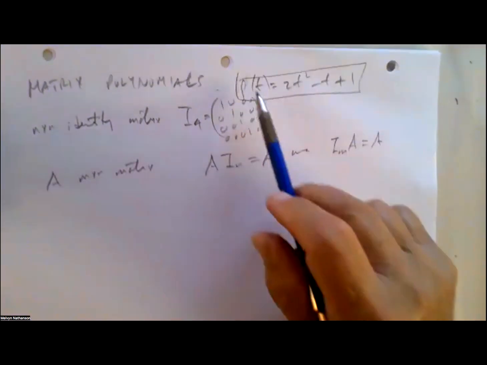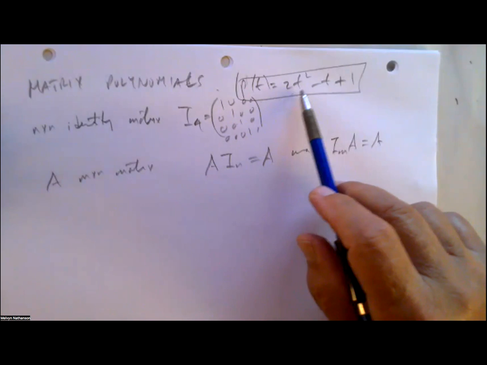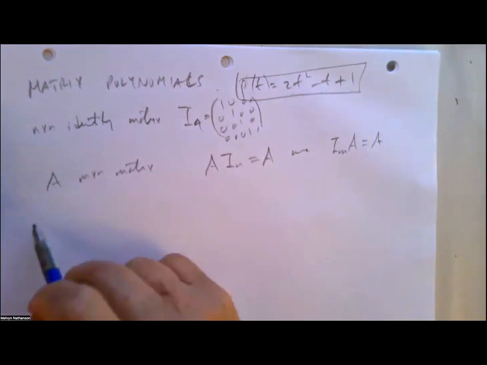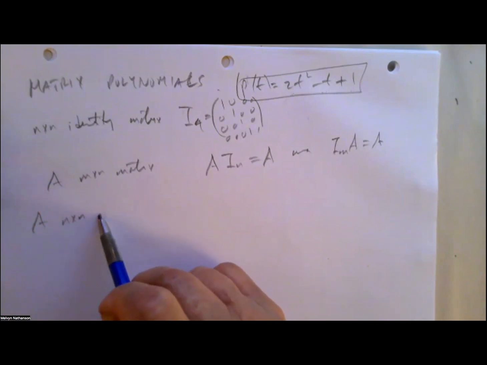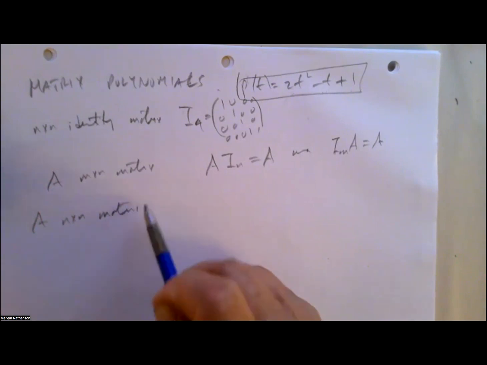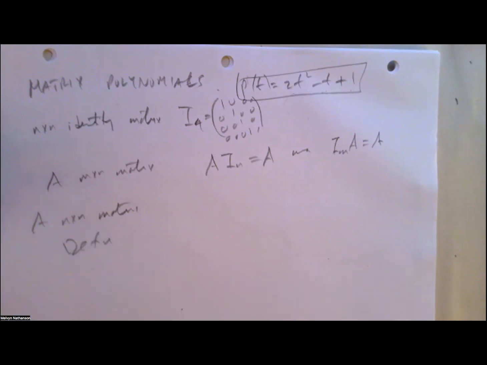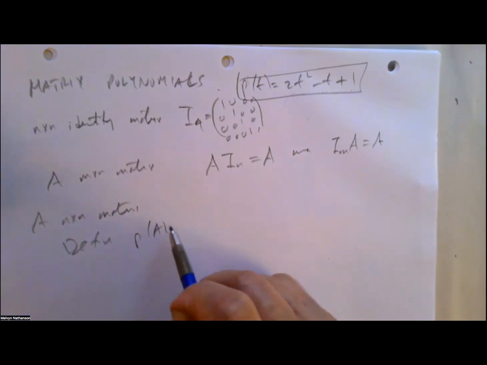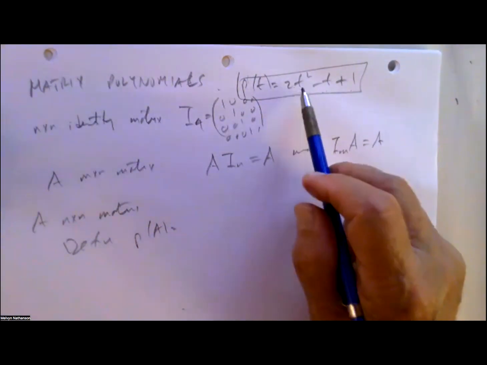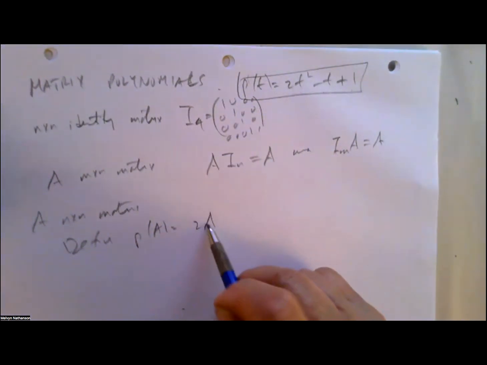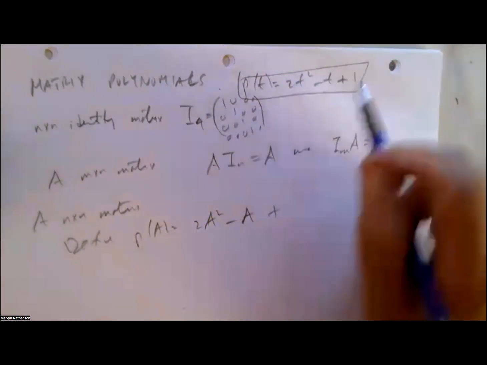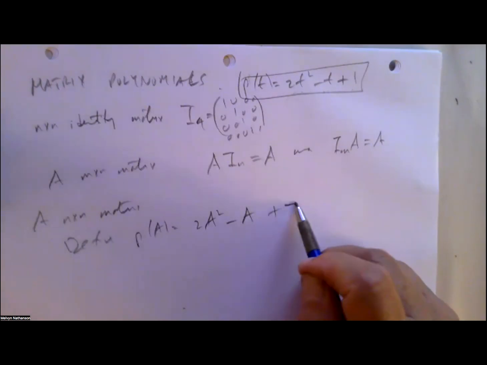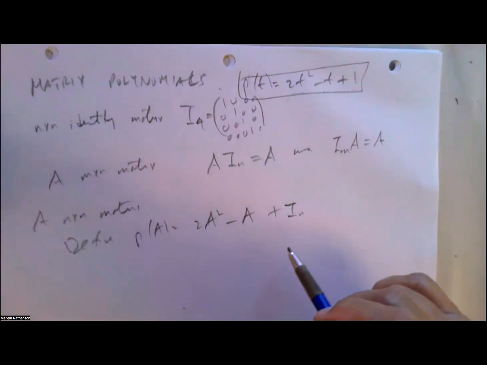So if I take a polynomial like P of t equals 2t squared minus t plus 1, and A is a square matrix, n by n, then I can define P of A: just plug in A for t, 2A squared minus A, and 1 you replace with the identity, plus I sub n.